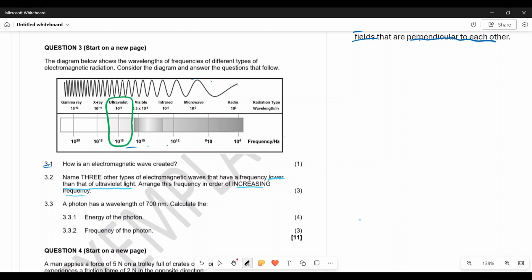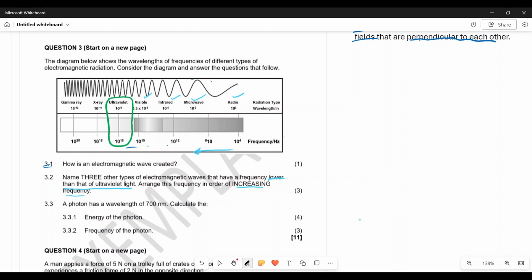To choose those 3 which have a lower frequency, in an order whereby they are increasing, I have 4 options. Which one am I going to choose? I'm going to choose the ones closer to my ultraviolet, remembering they must be in order of increasing frequency, and as you can see, our frequency is increasing in that direction.